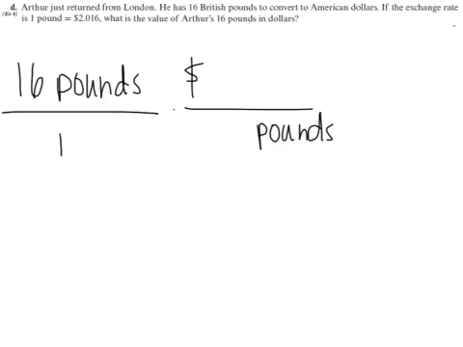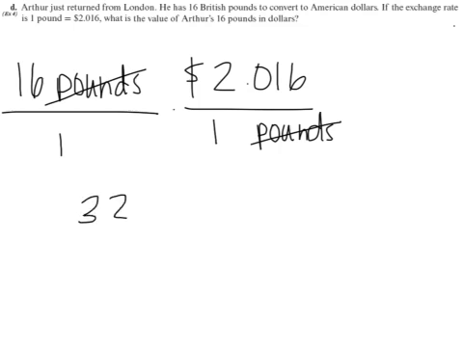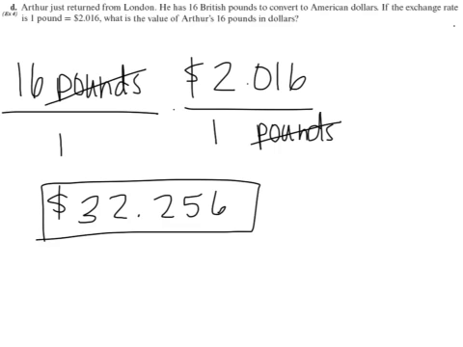If the exchange rate is 1 pound equals $2.016, what is the value of that in dollars? So we're going to cancel out those pounds. And 16 times 2.016, which is straight across the top, is 32.256. The units are dollars. And we'll just go ahead and leave it like that, even though dollars usually are cut off after the hundredths place.